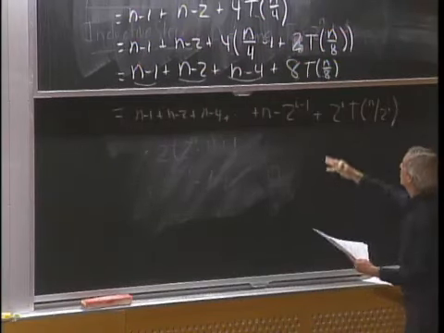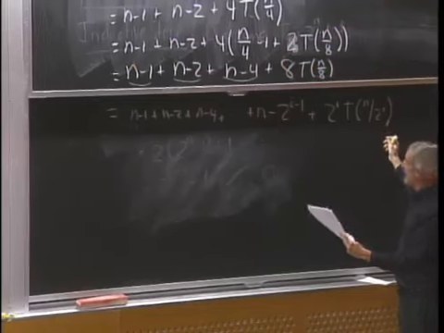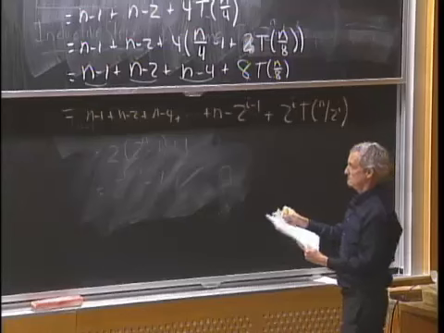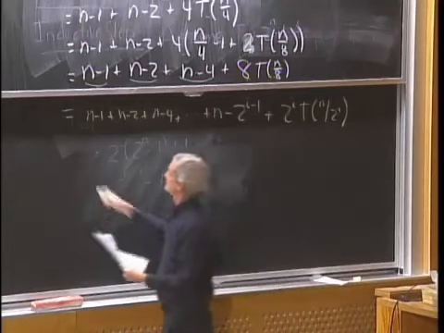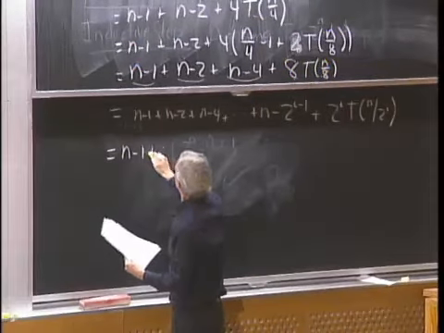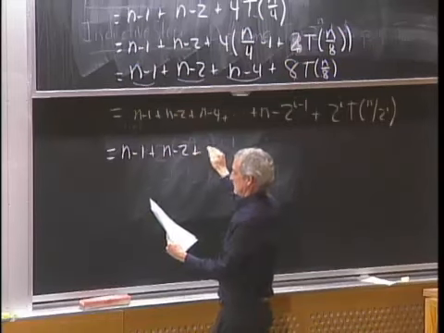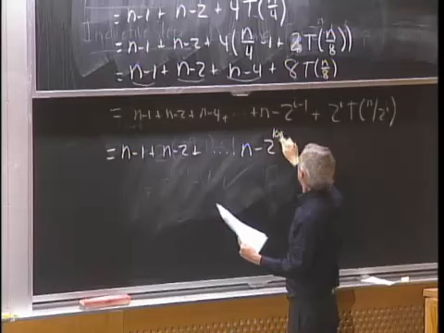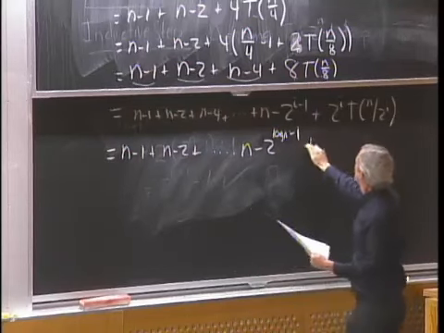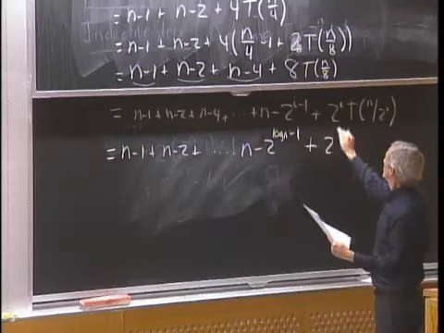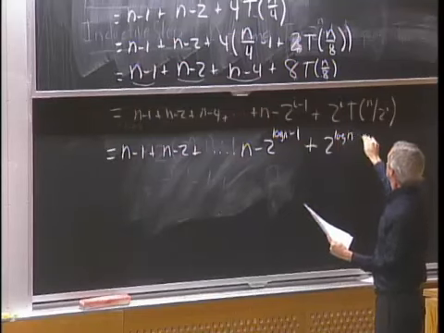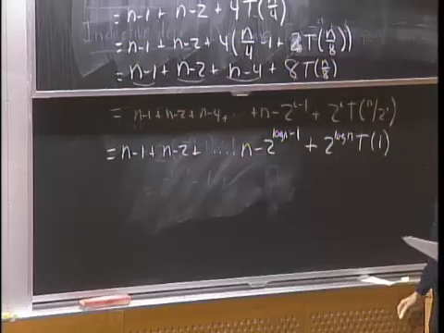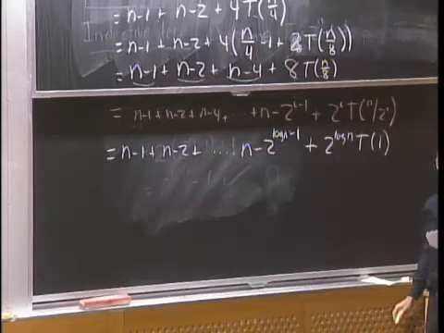And now we go all the way down where i equals log n, base 2, and see what we get. n minus 1 plus n minus 2 plus all the way down to n minus 2^(log n - 1), plus 2^(log n) T(1). What's T(1)? 0.